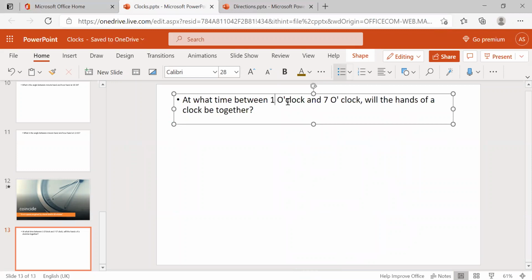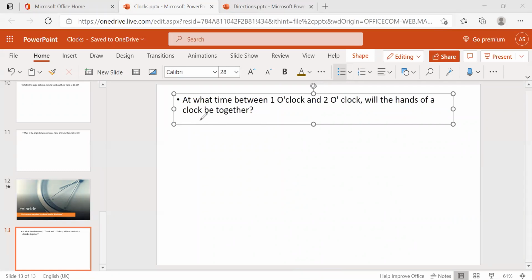When will it coincide between 1 and 2? Without pen and paper, you can say it should lie between 1 and 2.